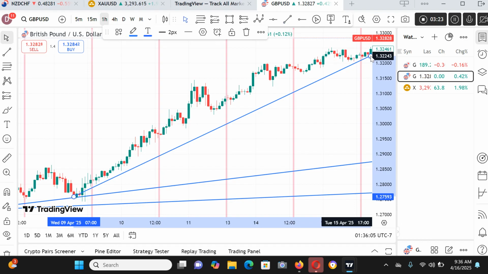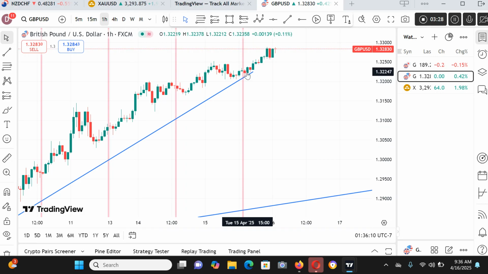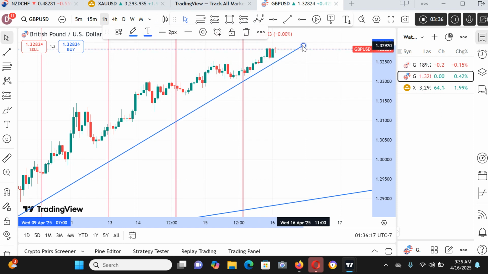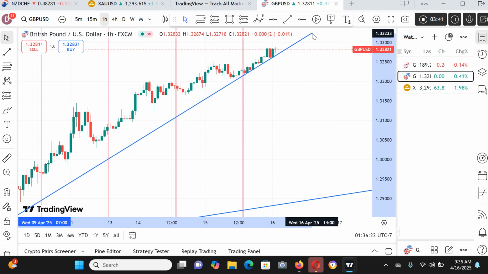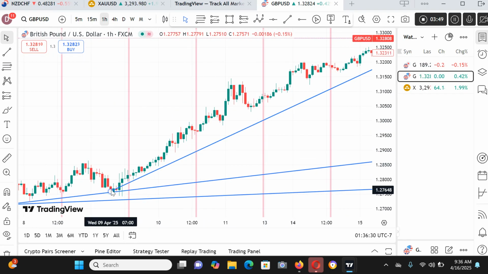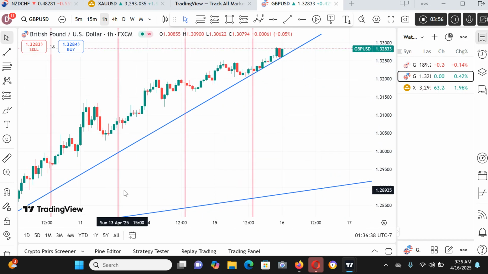We must ensure that it touches at least two troughs. That's what makes it a valid trend line. The higher the trough it touches, the better. From here, we can see that it has touched this origin and then the other trough from the 1 hour time frame.